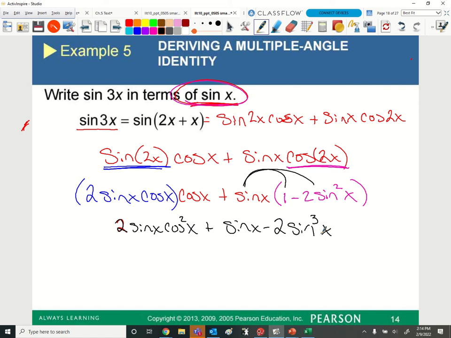Wait, how did you get the sine cubed? All right, see this right here? Sine times sine squared. You already have a sine squared, and one more sine gives me sine to the third. But wouldn't that sine x right there be sine squared?